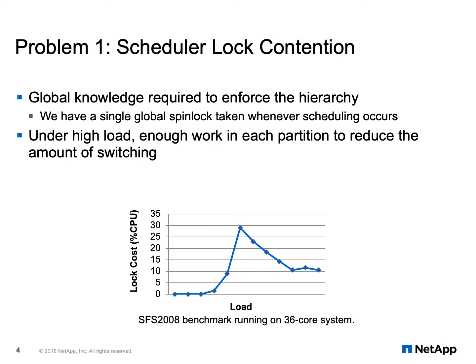Enforcing the hierarchical exclusion required by our data partitioning model requires that the scheduler have some sort of global knowledge about what other data partitions are currently running, so that when a new thread becomes available, it can assign a data partition to the new thread that is safe to run concurrently with the other currently executing data partitions.